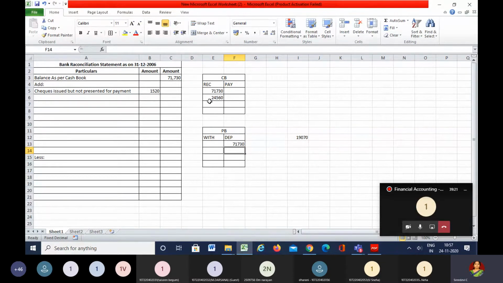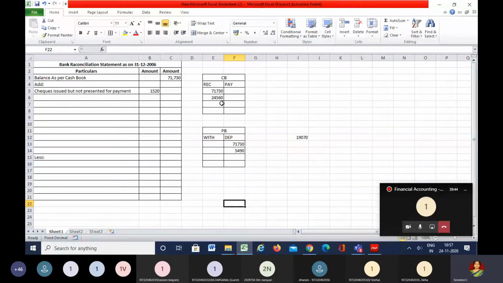Even though you have shown it on the receipt side 24,560, the bank has given a credit up to 5,490. That means at least a part of the amount is credited in the passbook. So therefore you're just going to consider only the difference amount. What is the difference amount here? 19,070 rupees.